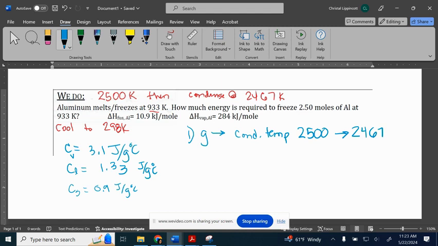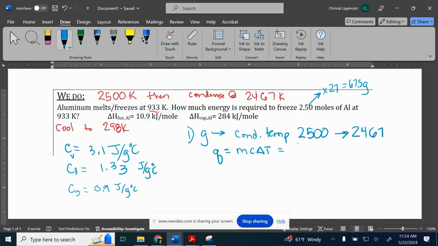So you're going to take, and we're going to figure out Q for this. So that would be your MCAT formula. So we had 2.5 moles of aluminum. We got to figure out what that is in grams. So we're going to multiply that by 27 to get that into grams. 2.5 times 27 gives me 67.5 grams.